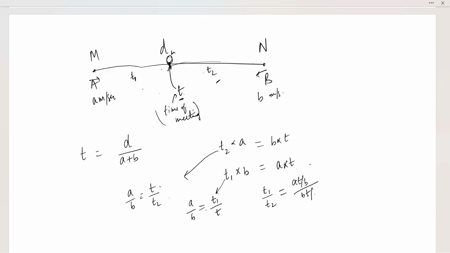BT by A. So this comes out to be A square by B square. T1 by T2 is equal to A square by B square. ठीक है. And also इन दोनों से एक और रिलेशन निकलता है, which is T1 by T is equal to T by T2. So this implies T1 into T2 is equal to T square. इसको मैं यहाँ पे भी लिख देता हूँ.